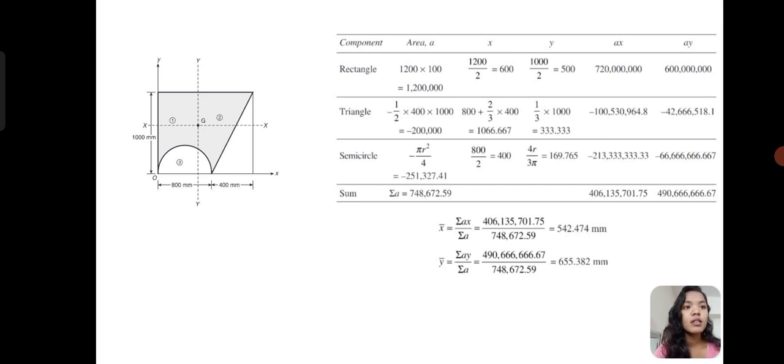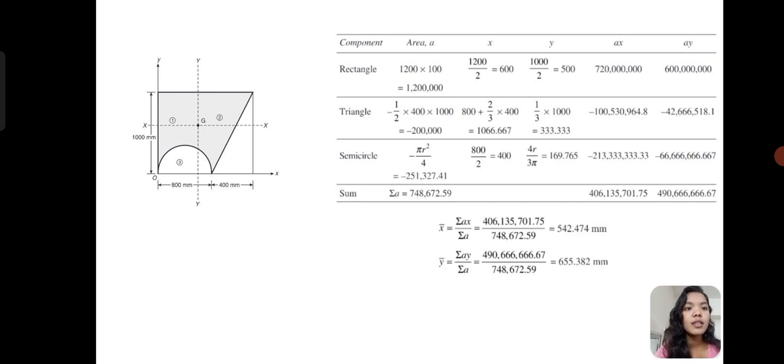Then x bar is breadth by 2, equal to 600. Y bar is depth by 2, equal to 500. The ax is the product of area and x, and ay is area into y.